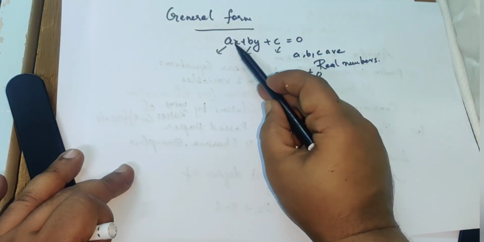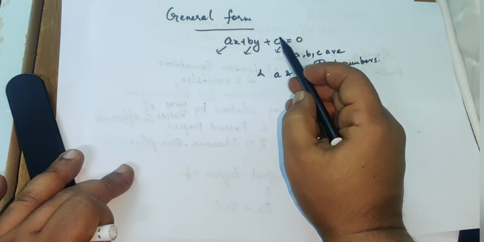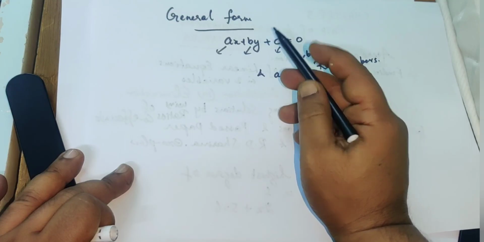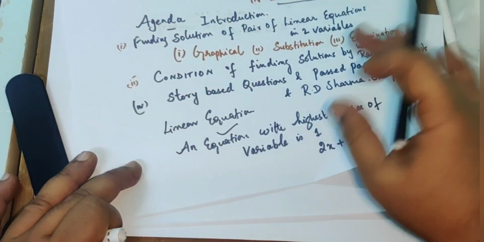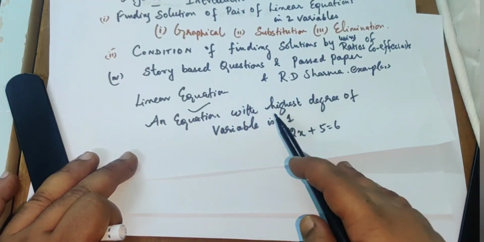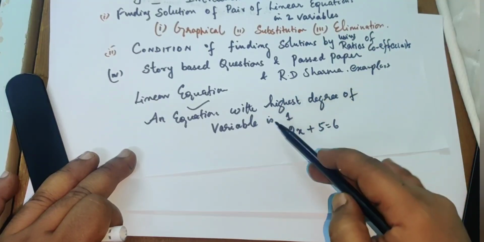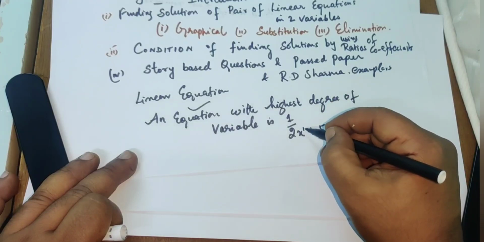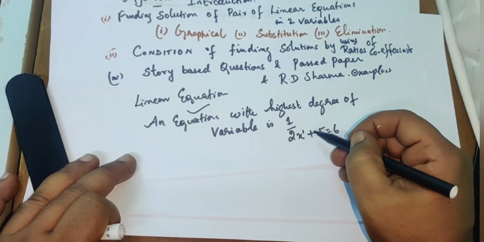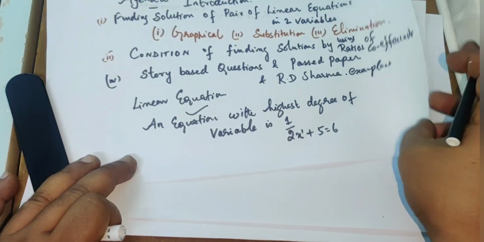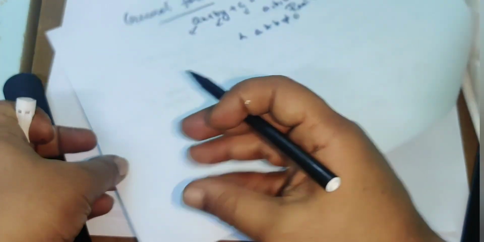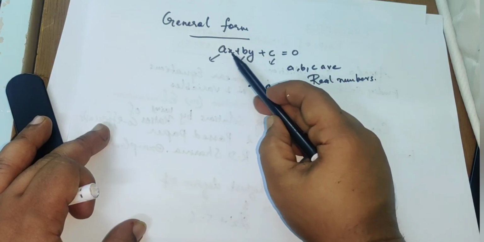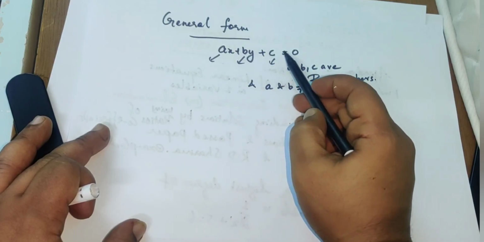We know that, right? General form ax plus by plus c is equal to 0. There are two variables because we are dealing with linear equation in two variables. A linear equation has the highest degree of the variable as 1. You can see that the highest degree is not given, which is considered as 1 only. Our case is pair of linear equation in two variables, which is why I made the equation general form with two variables, ax plus by plus c is equal to 0.